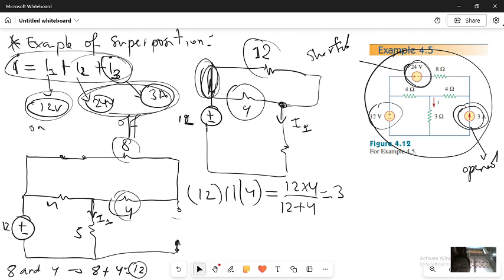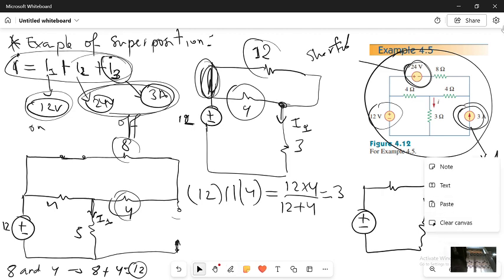Now I have this 3, and another 3 here, and another 3 here. We have to reduce the circuit, and by looking you will see how it is reduced. My circuit now has this 3, this 3, and this 3, and this one is my I1, with the 12 volt source.